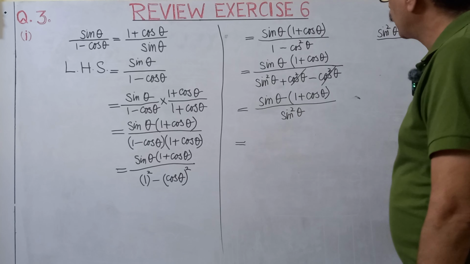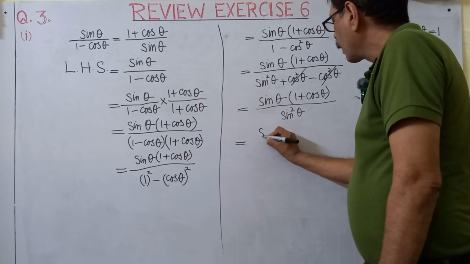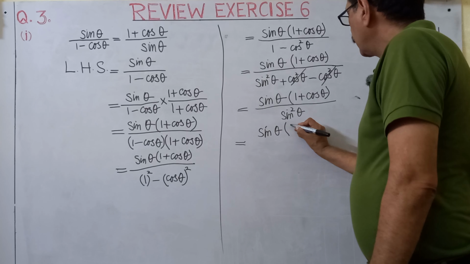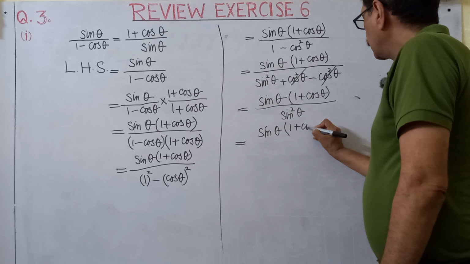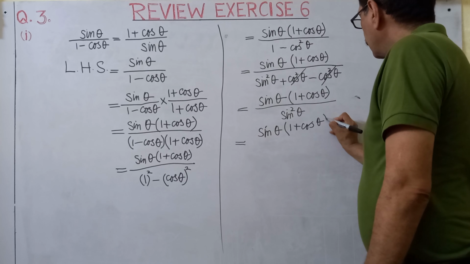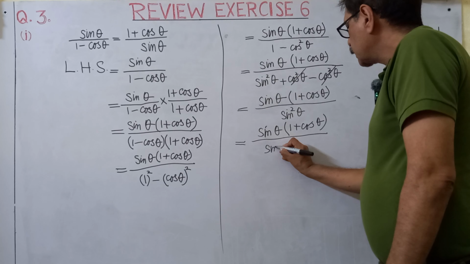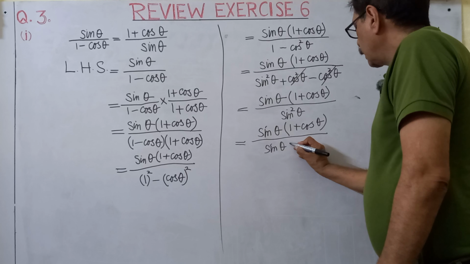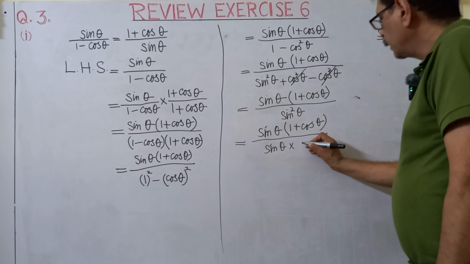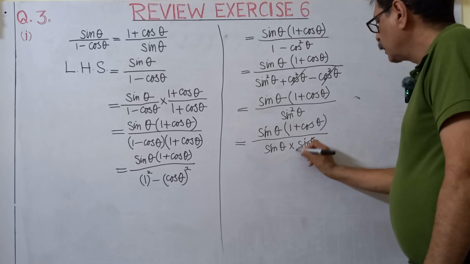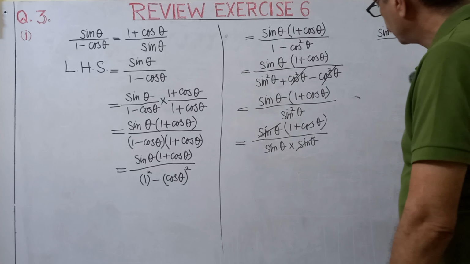This is further equal to sine theta into 1 plus cosine theta. Sine square theta can be written as sine theta multiplied by sine theta. Cancelled.